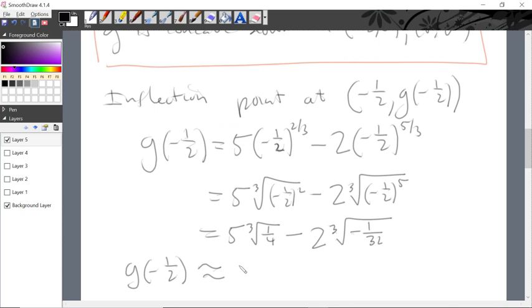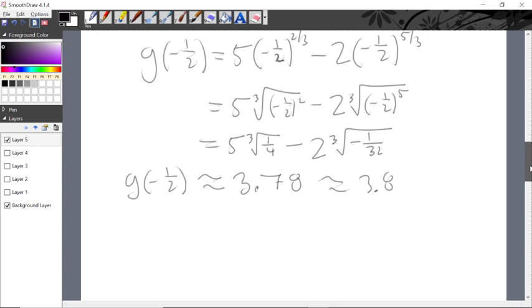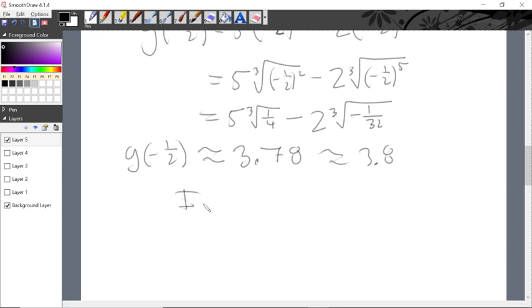The calculator is giving me approximately 3.7797, so approximately 3.78, or approximately 3.8 as the y coordinate. So the graph has an inflection point at approximately negative 0.5, 3.8.